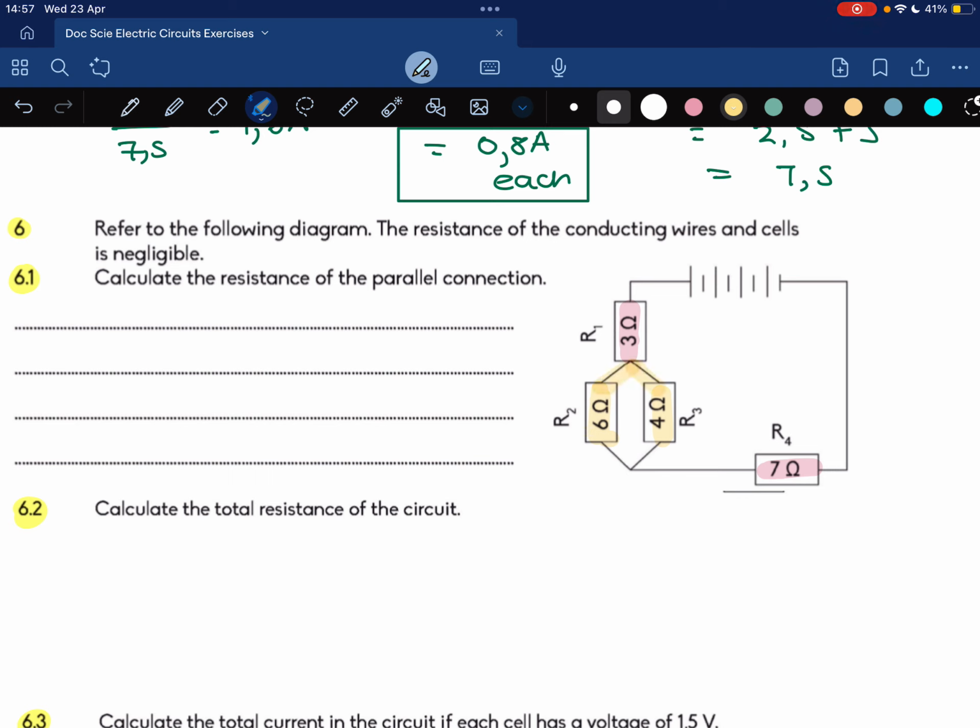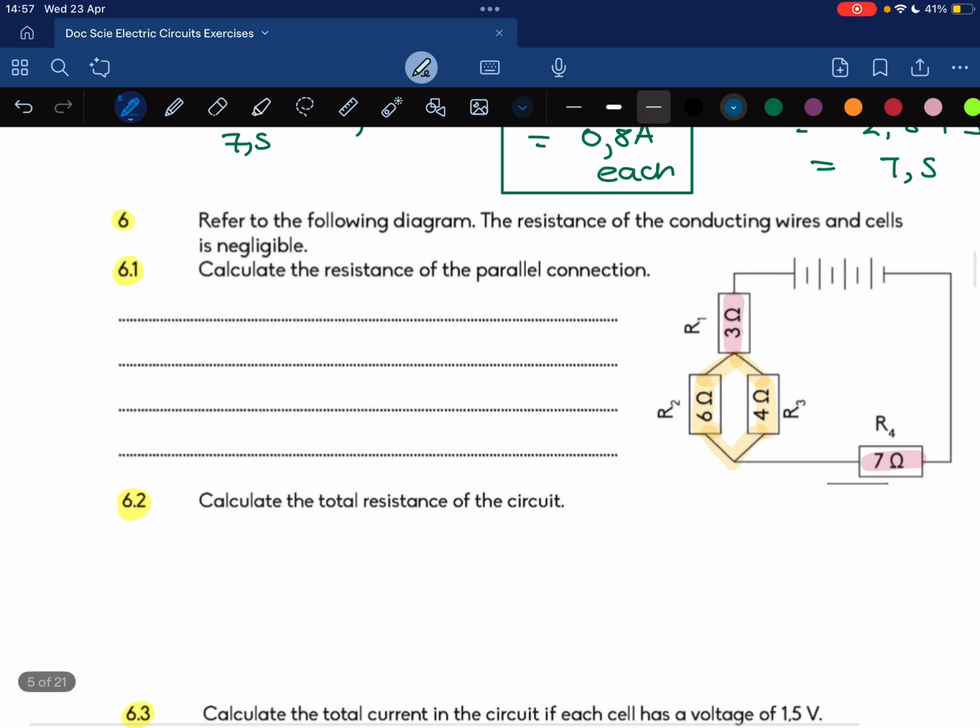It's always important to work out the parallel component on its own before looking at anything else in the circuit. In this case, they actually say calculate the resistance of the parallel connection. So that's quite easy to do.